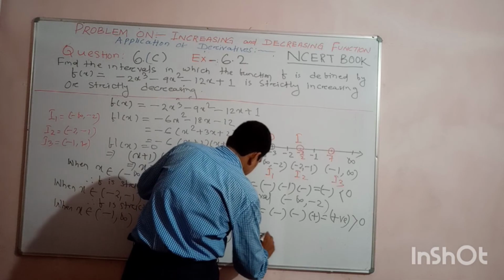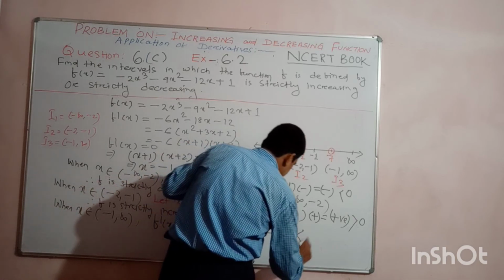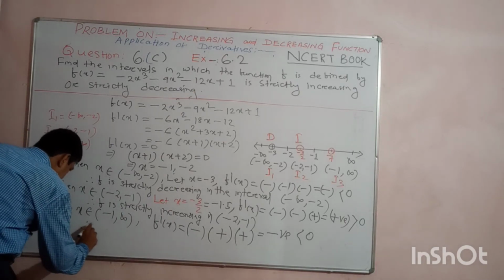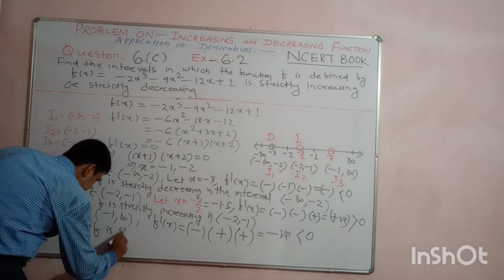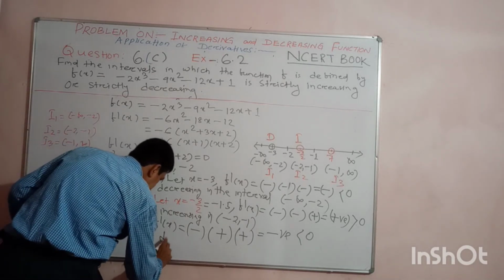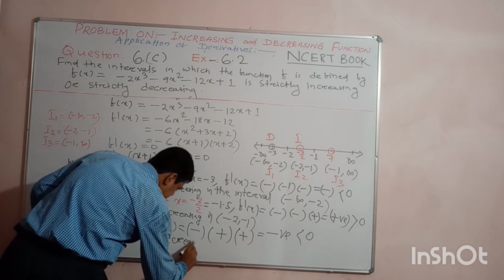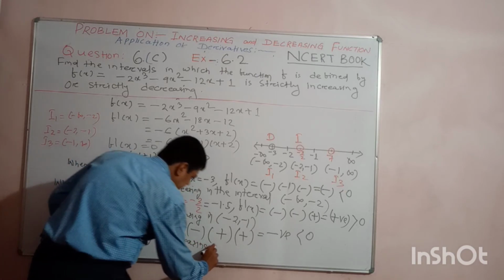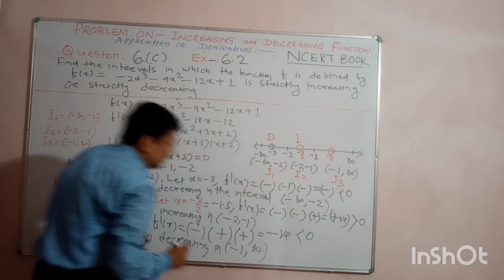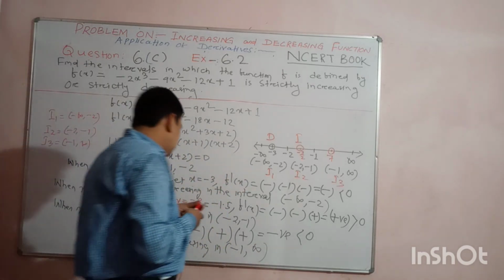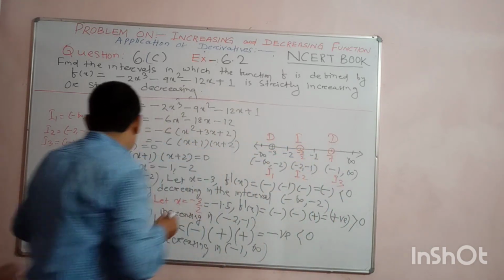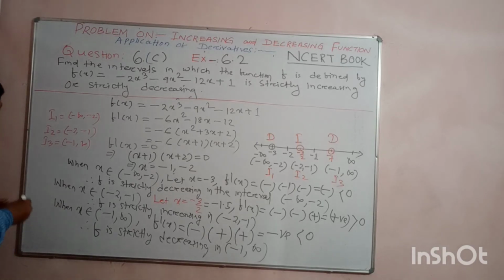It means the overall sign is negative, that is, less than 0. Since f'(x) is less than 0, f is strictly decreasing in the interval minus 1 to infinity. Understand?